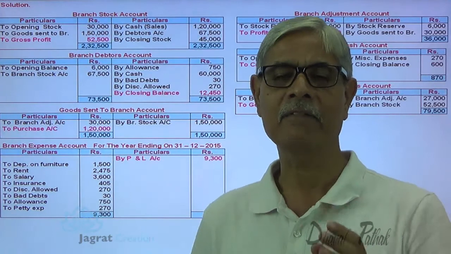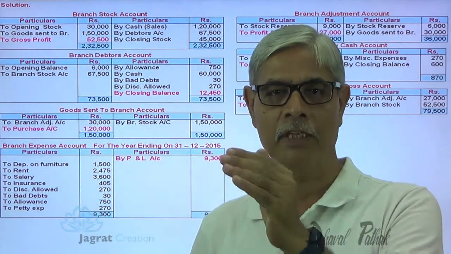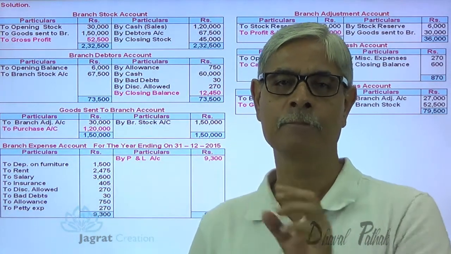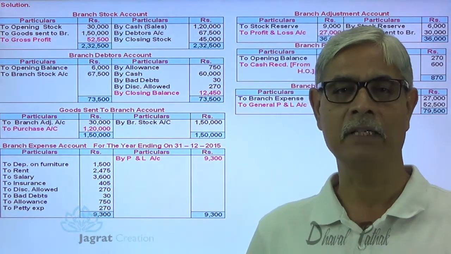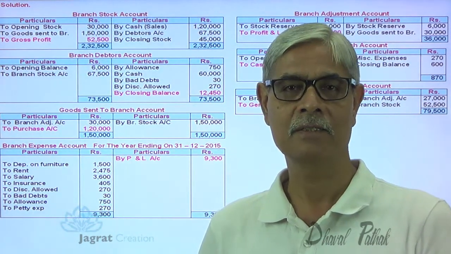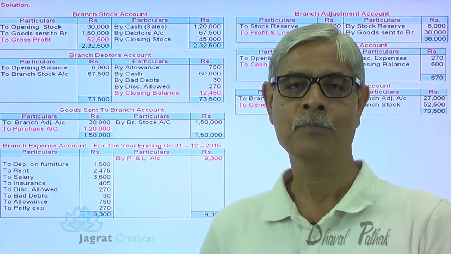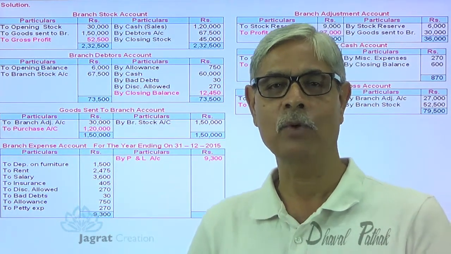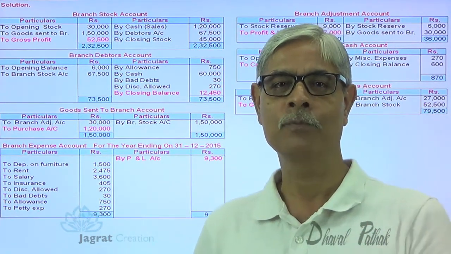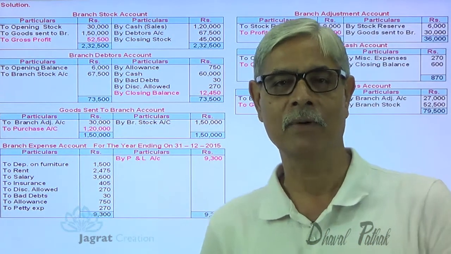But here you are not given specific details about which stock is sold above invoice price, which stock is sold at invoice price, which stock is sold less than invoice price. If that information is given in the sum, I can give the effect of those differences from stock account to adjustment account. And in that situation, you can find only one gross profit, traced in the adjustment account, and that gross profit will be the total of these two, that is 79,500.